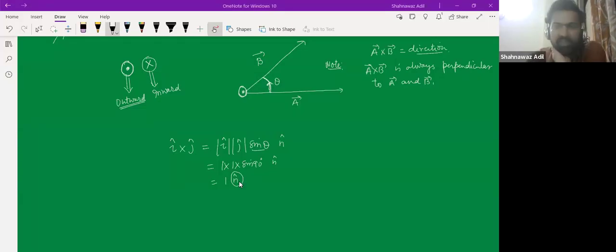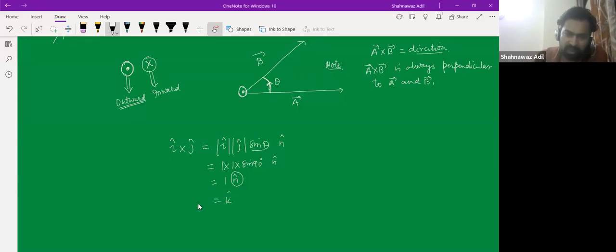What is the direction your thumb is pointing out? It's outwards. So that is the Z direction, right? Yes, sir. What is the Z direction? Can you tell me? Z, K hat. Yes, sir. So this would be K hat.